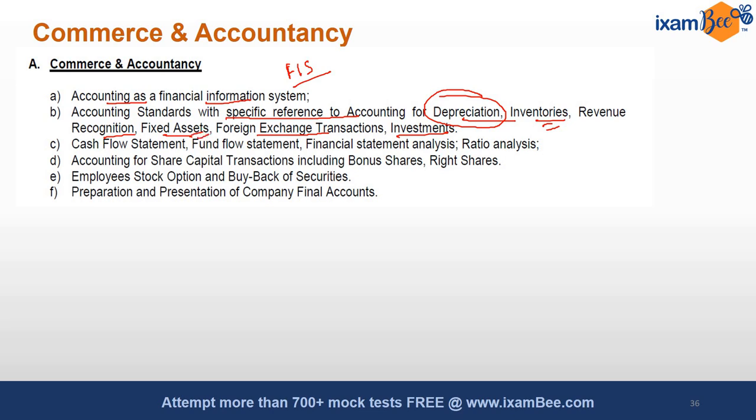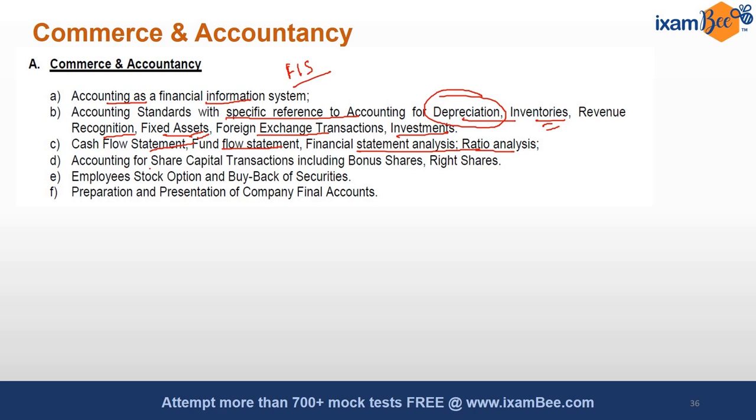Fixed assets, whether it is real or not, always see, because SEBI is a market regulator, so always when you are reading a financial statement you have to see where can be the loopholes. Cash flow statement, fund flow statement, financial statement analysis, ratio analysis, so all these are part of it. Unless you have a cash flow statement understanding, you won't be able to know the liquidity position of the company.